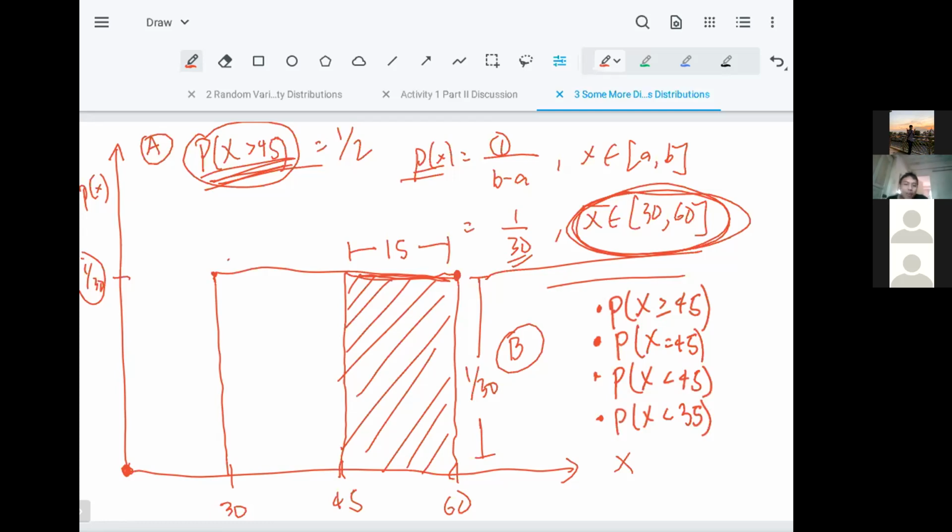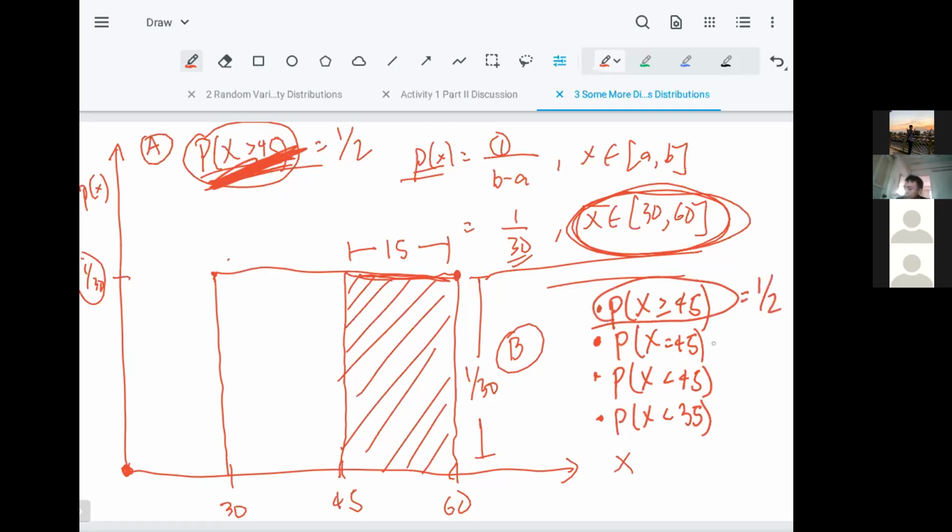What about this? Do we add something? So actually parang wala kasi continuous siya. That's one thing unique about continuous distributions. You're adding a line. The area of a line is basically 0. So in the context of continuous distributions, etong question na ito, tulad lang yan. 1/2 din yan.